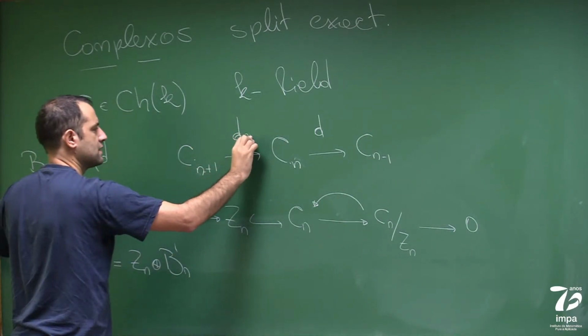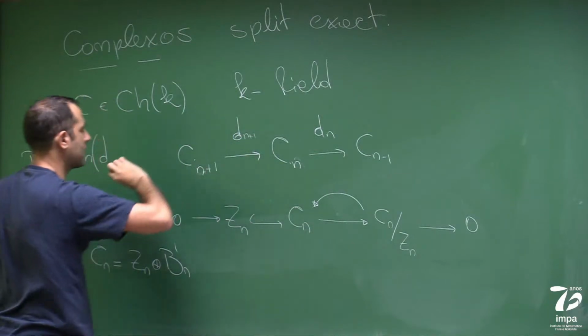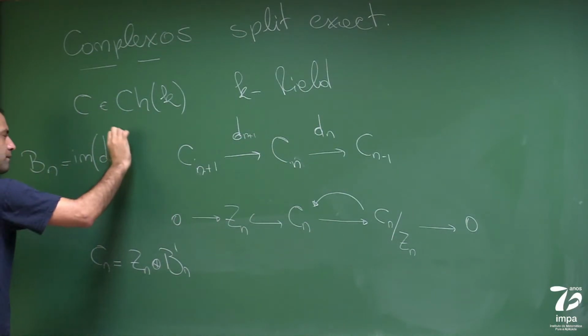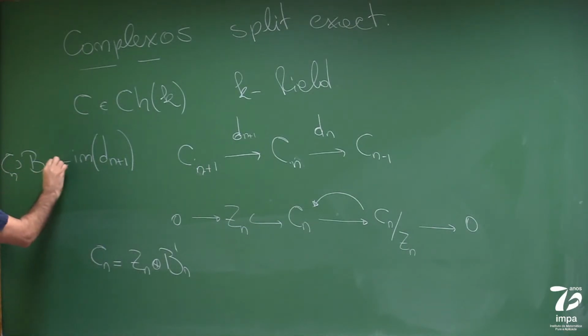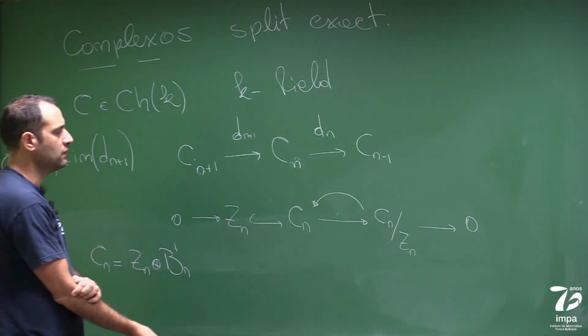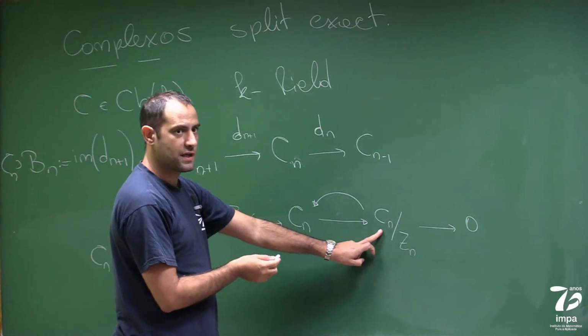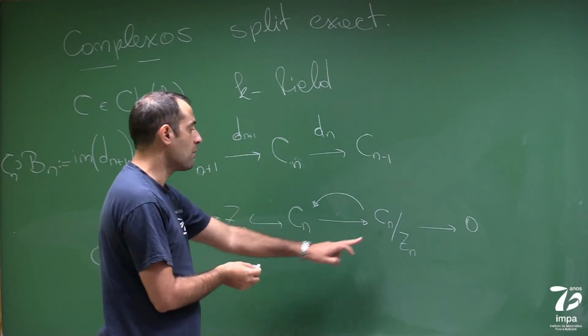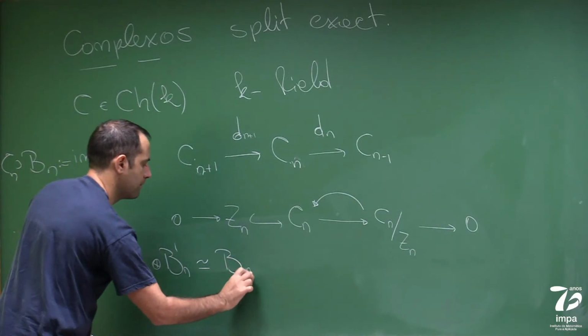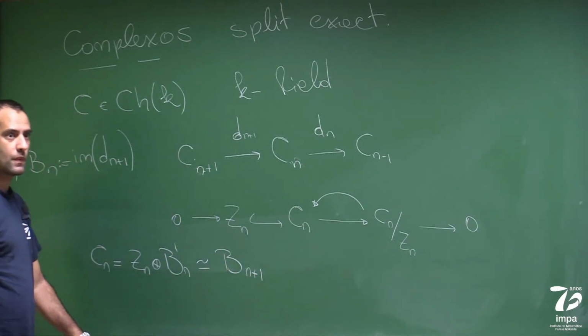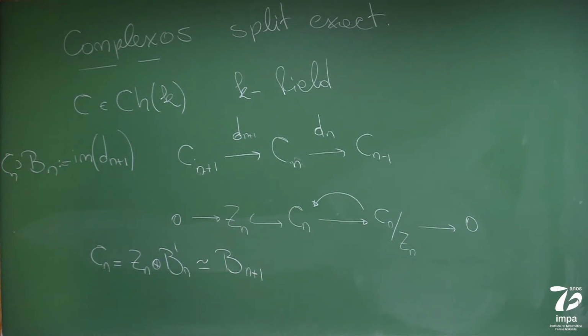So let's use indices here to distinguish that one from that one. This is inside of C_n. That was the definition of the boundaries. And the whole point is that this quotient here is isomorphic to B_{n+1}. Is that clear why?